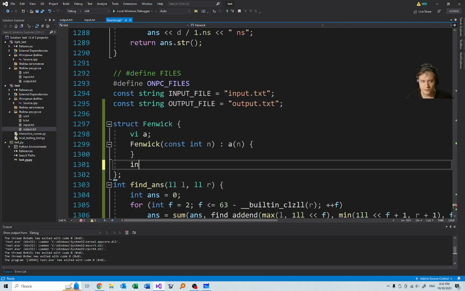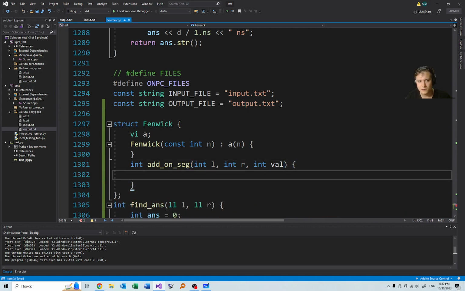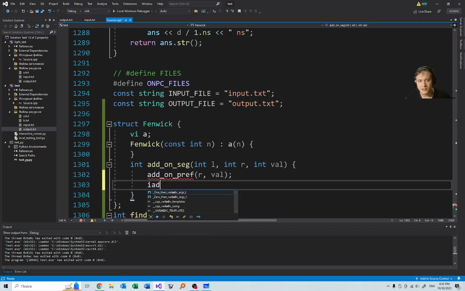Okay, so we need to add on segment from L to R value V. Instead of that, we will add on prefix R value, and we need to add on prefix L minus value.